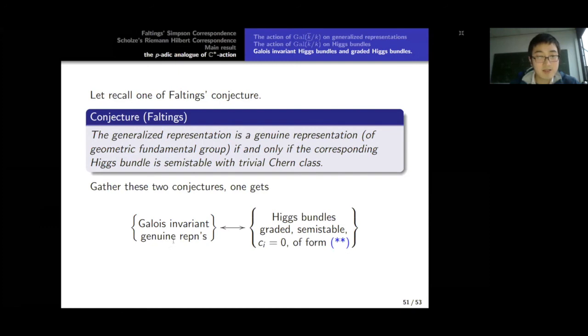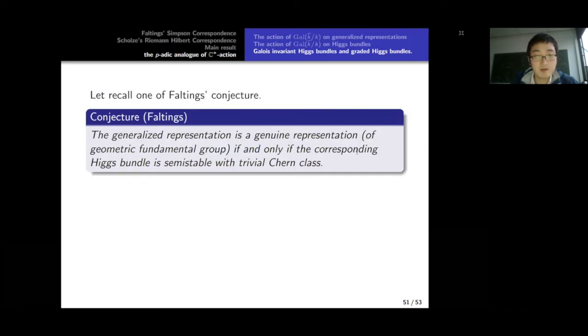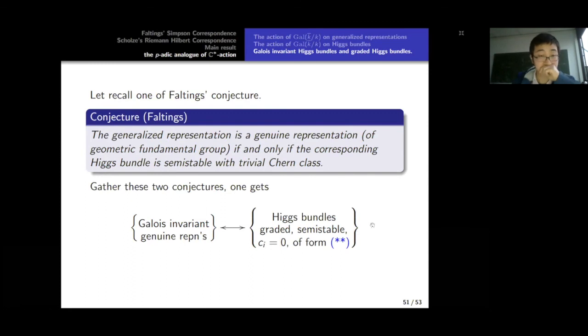The first one is Galois invariant genuine representations. And on the right hand side are graded Higgs bundles, semi-stable with trivial Chern class and of the form here.